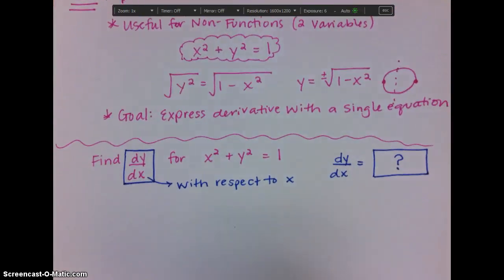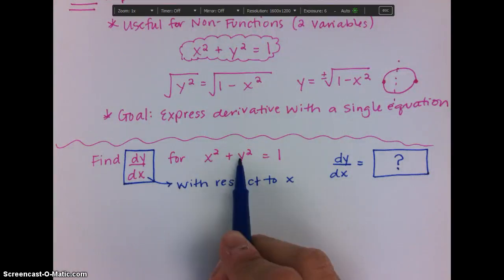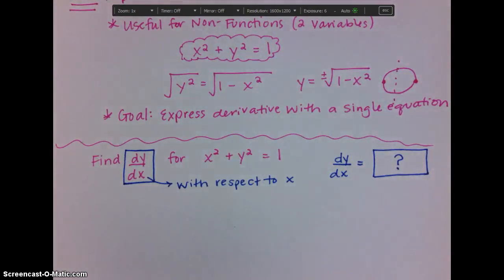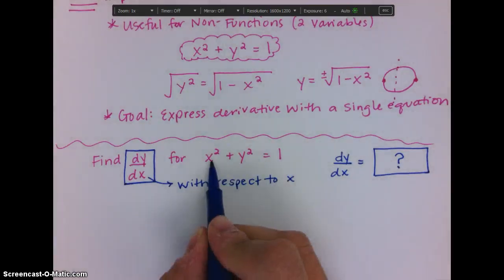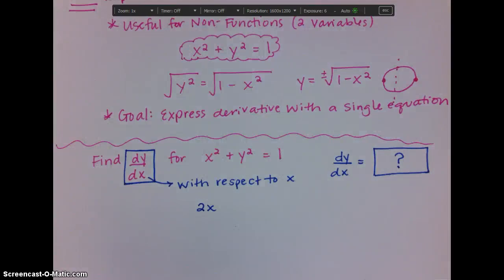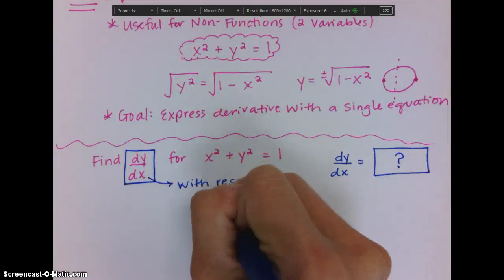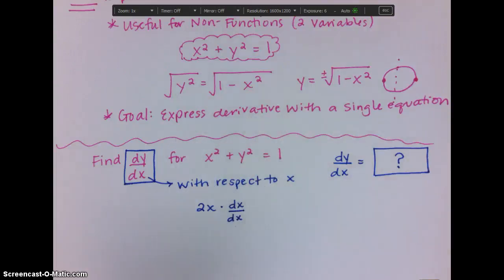Alright, so because these are summed or added together, I should be able to take the derivative of each part without needing a product rule or quotient or even chain, any of those fancy rules. So first off, I'm going to take the derivative of x squared, which is a simple power rule giving me 2x. But I'm going to show that I took the derivative of that variable x with respect to the variable x.